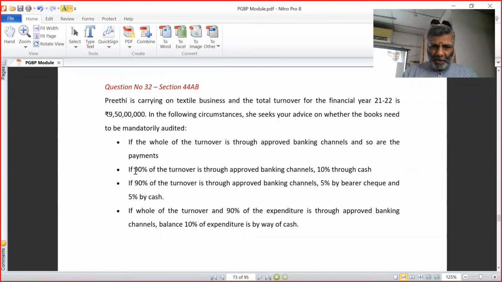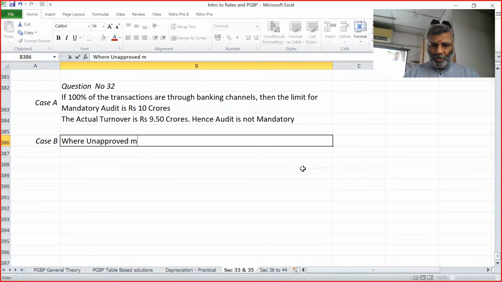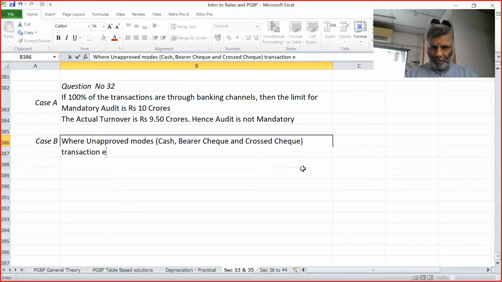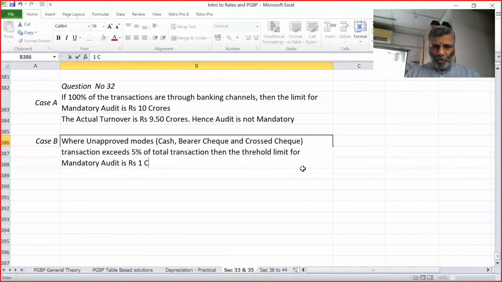If 90% of the turnover is through banking channels and 10% through cash, and unapproved modes are cash, bearer cheque, and crossed cheque, and the transaction exceeds 5% of total transactions, then the threshold limit for mandatory audit is rupees 1 crore.